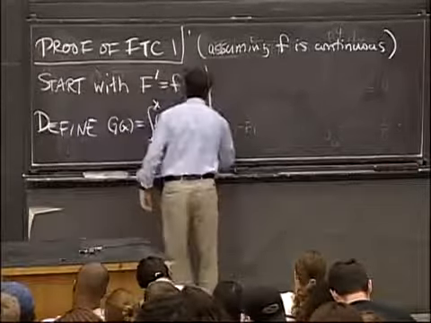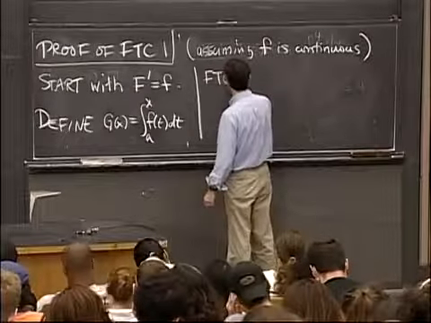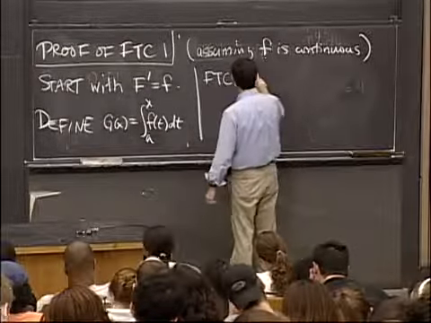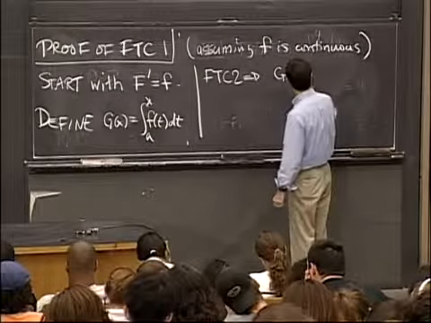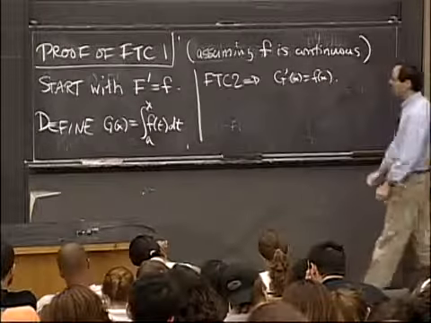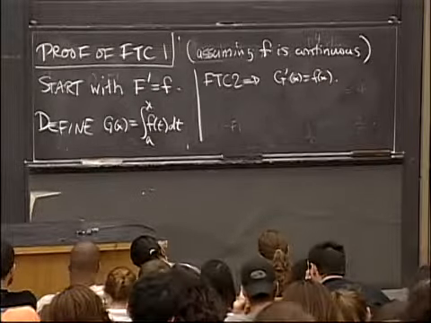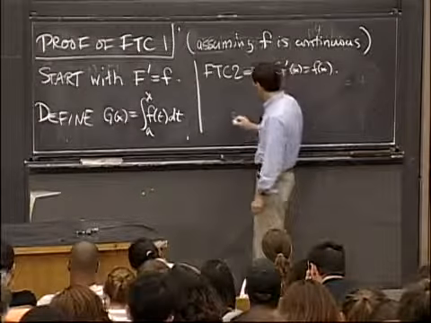Now, we're going to apply this fundamental theorem of calculus 2, the one that we've already checked. So what does it say? It says that g prime is equal to f. And so now we're in the following situation.